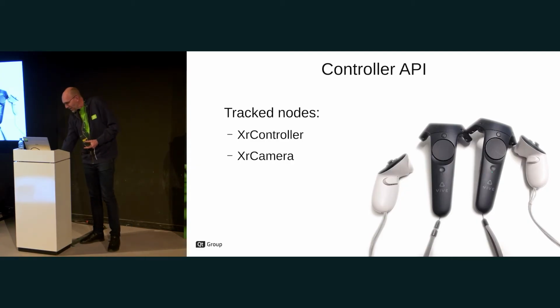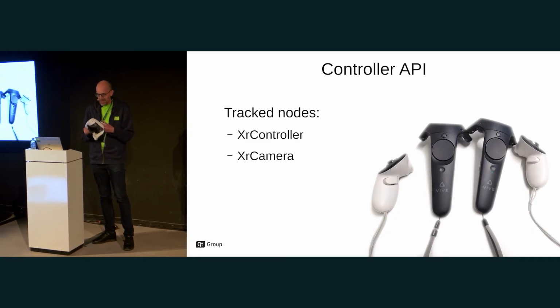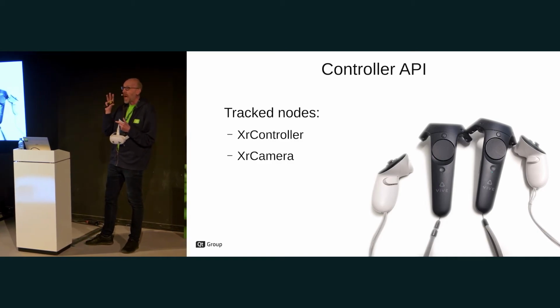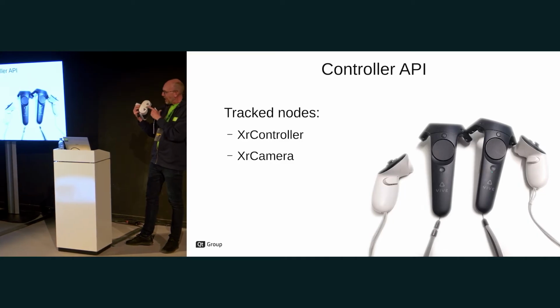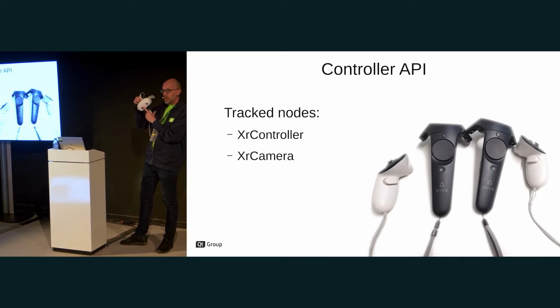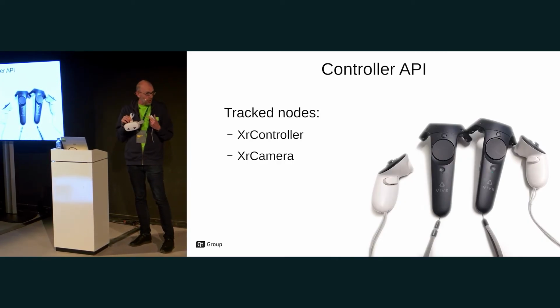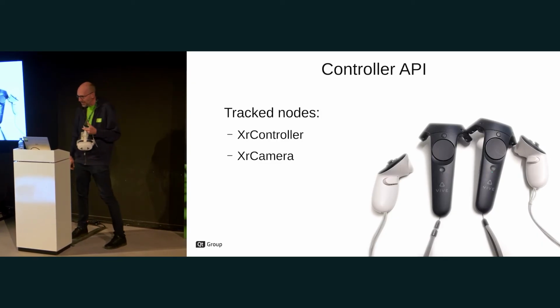The other tracked node we have is the XR camera, which is more of an abstract camera. It's not the camera that is rendered. It is a position in between the eyes of the user. It allows you to track what the user is looking at, where the user's head position is.